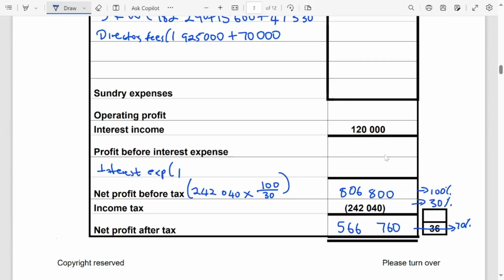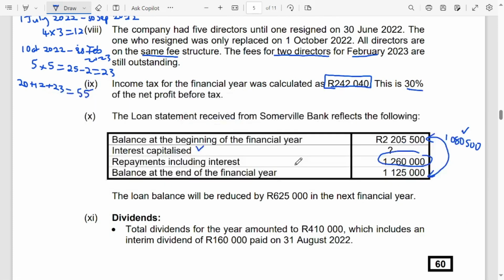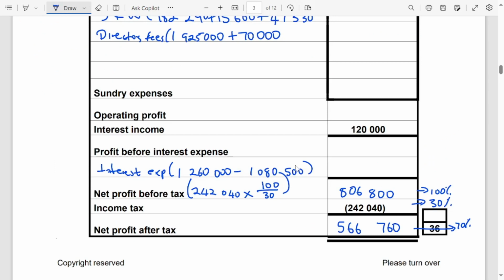So it's 1,260,000 minus 1,080,500. What is the answer? That is going to be 179,500. So it must be in brackets.